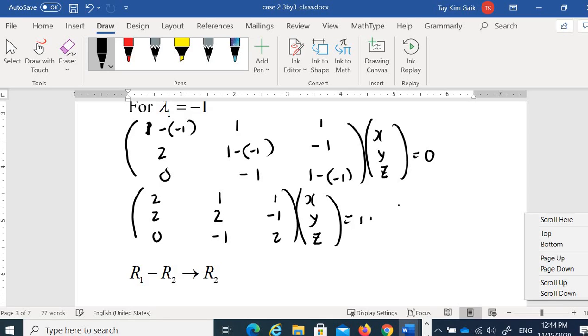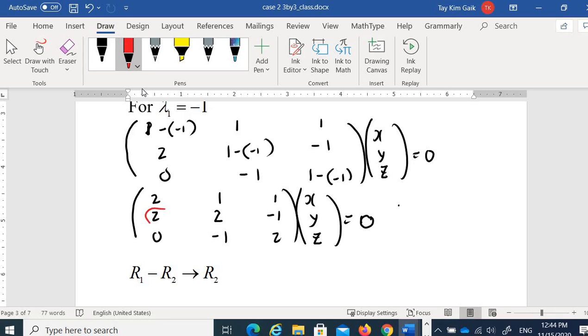Take the first row minus the second row, put back into your row 2. The purpose is that we want to reduce a21 to 0, because a31 is already 0. So we take the first row, subtract the second row, then you will get here no changes on row 1 and row 3. So 2, 1, 1.